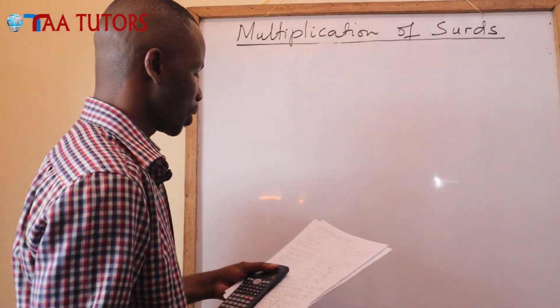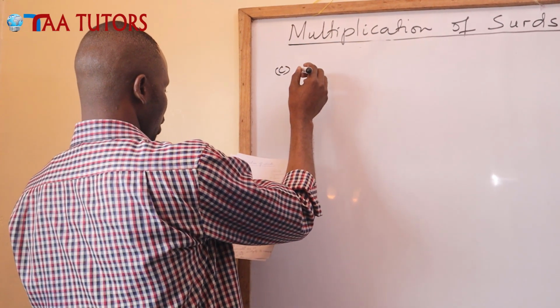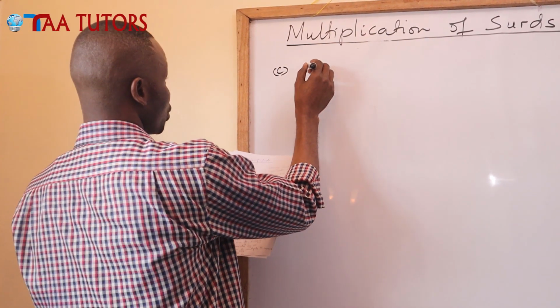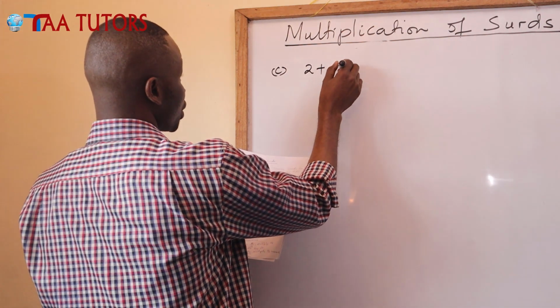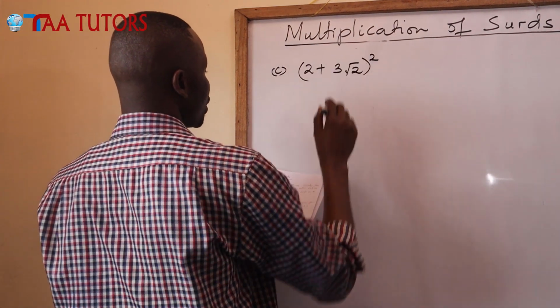Well, let's go to example 3 in this case, which is part C, which is 2 plus 3 surd 2 squared.